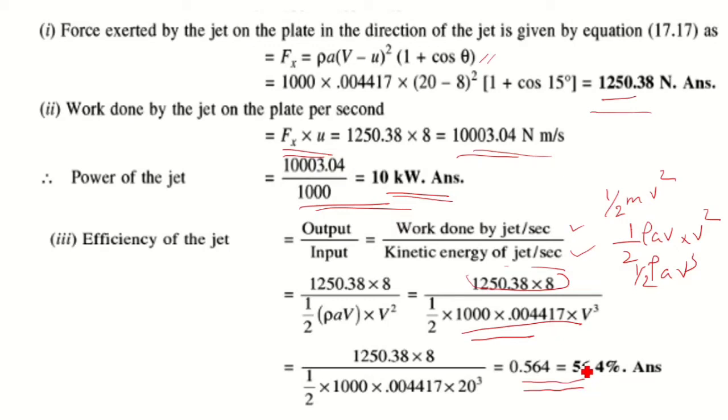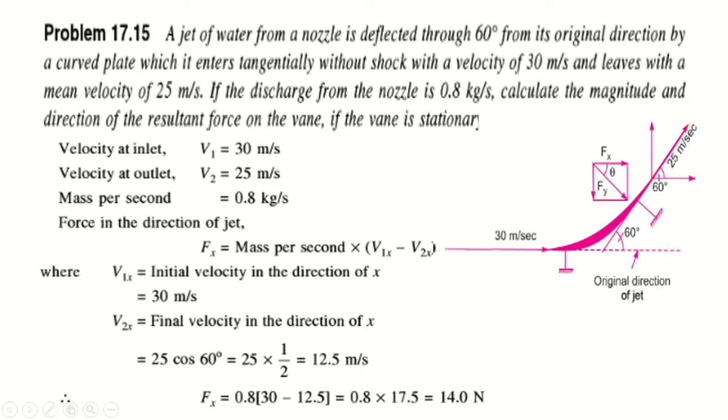So let us look into a somewhat complex problem. It is not complex, but a slight deviation from this problem. Here the jet of water from a nozzle is deflected through 60 degrees from its original direction by a curved plate, which it enters tangentially without shock with a velocity of 30 meters per second.